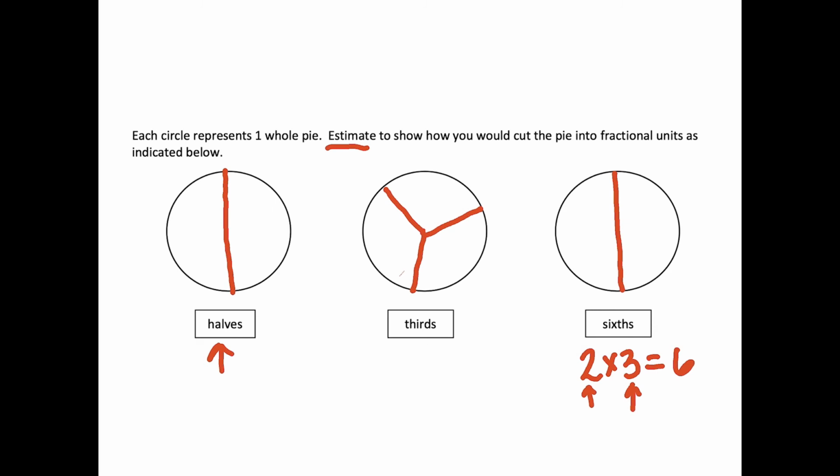So that means if I'm going to do 3 equal parts, I only have to do 2 lines in each. So 1, 2, 1, 2. Ta-da! Pretty cool, right? So now I have 1, 2, 3, 4, 5, 6 equal parts for my fractional units. Awesome, right?